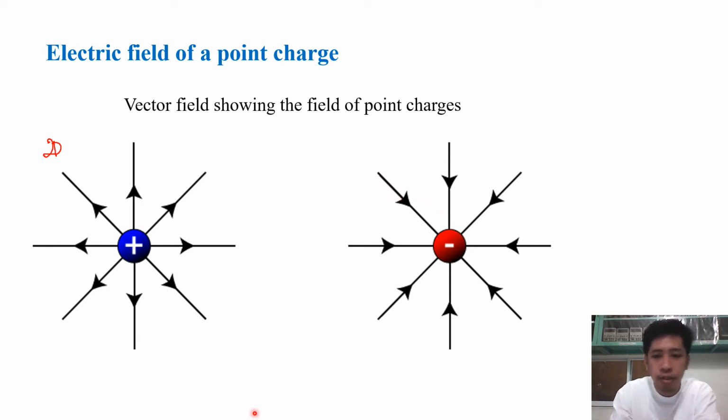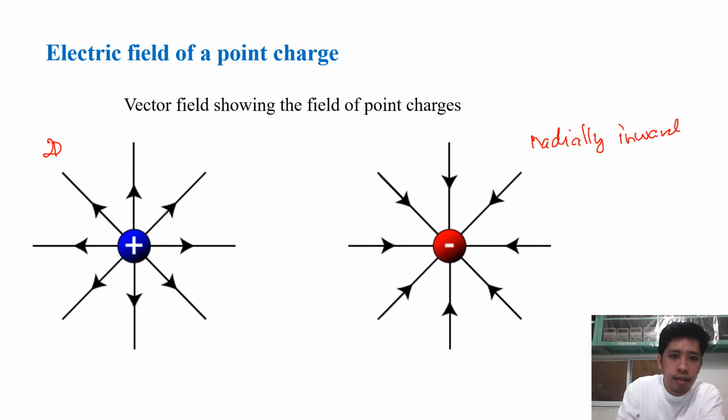So for a positive charge, radially outward; for a negative charge, radially inward.